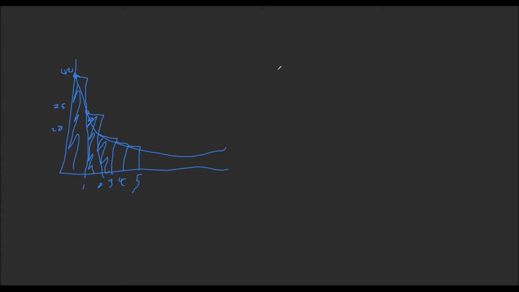Now there's also right Riemann sums. Let's say we have the same curve here. Right Riemann sums is pretty similar, except it takes it from the right at a certain index and finds the area here. And it does the same thing.